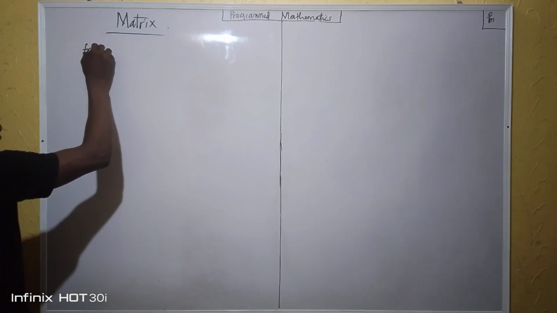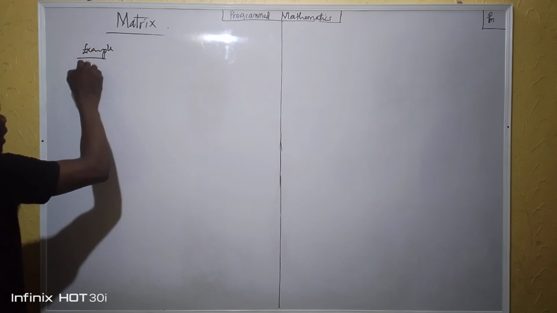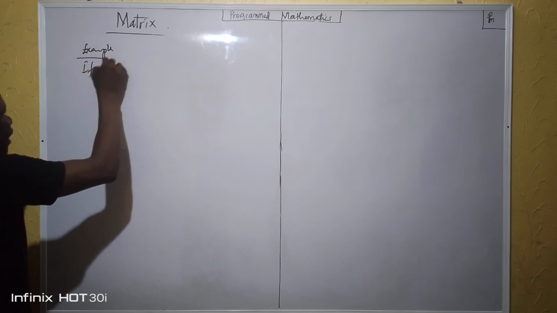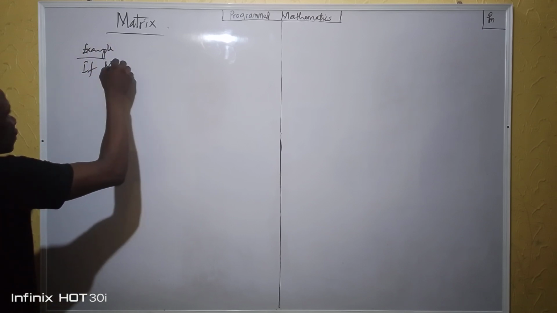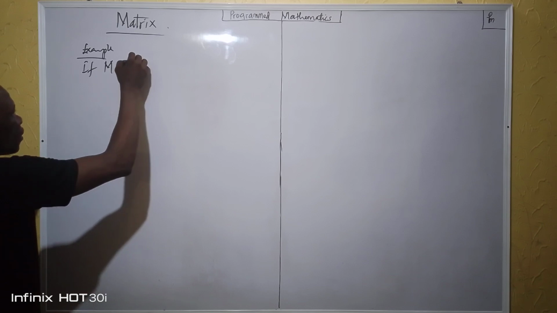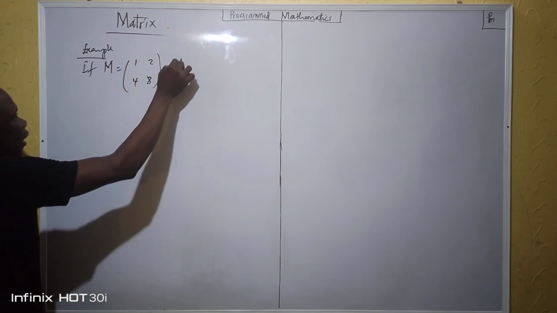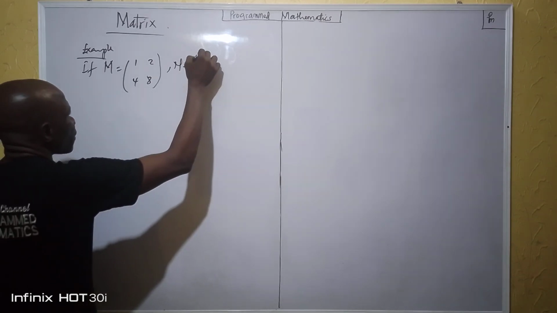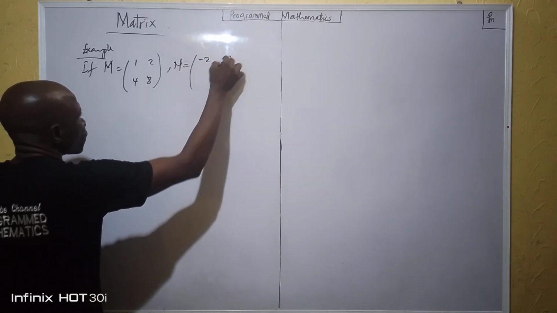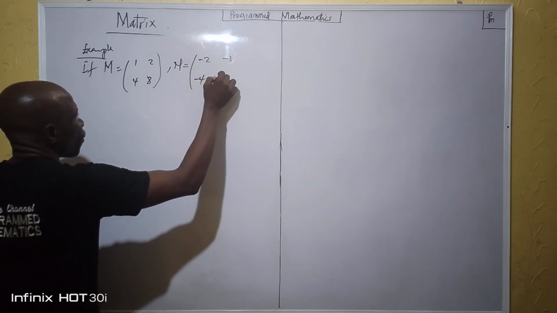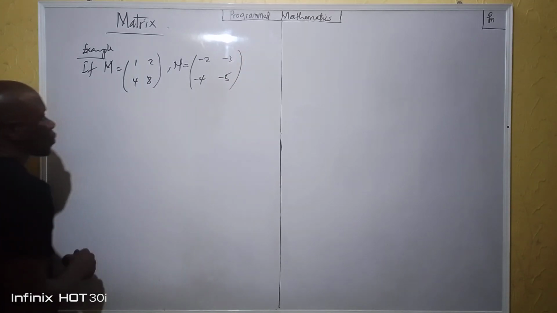Let's assume that matrix M is 1, 2, 4, 8, and matrix N is -2, -3, -4, -5.